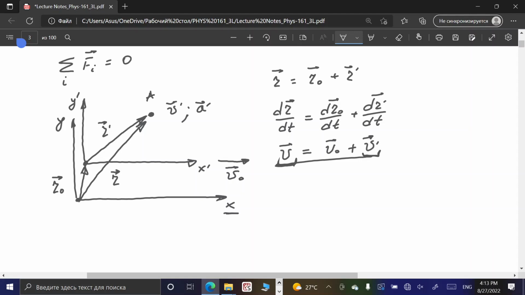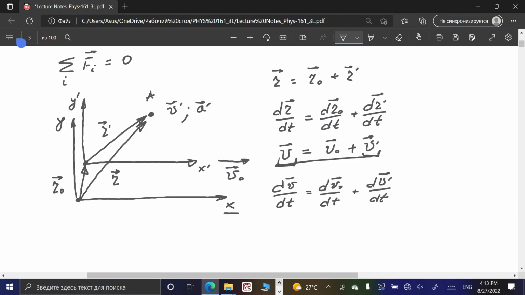So let us follow this trend. We know also how we define acceleration. It's first derivative of velocity vector over time. So let's write it down here. dv vector over dt is equal to dv naught vector over dt plus dv prime vector over dt.